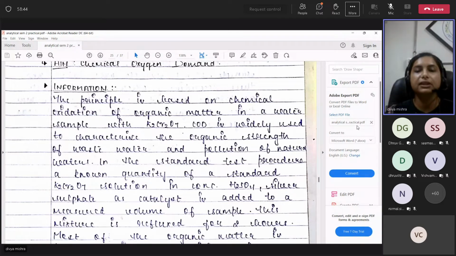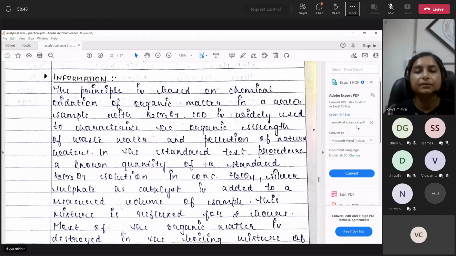So in this standard procedure, we will take a known quantity of a standard reagent, that is potassium dichromate, prepared in an acidic solution of concentrated sulfuric acid. We will add silver sulfate. This silver sulfate is added as a catalyst.